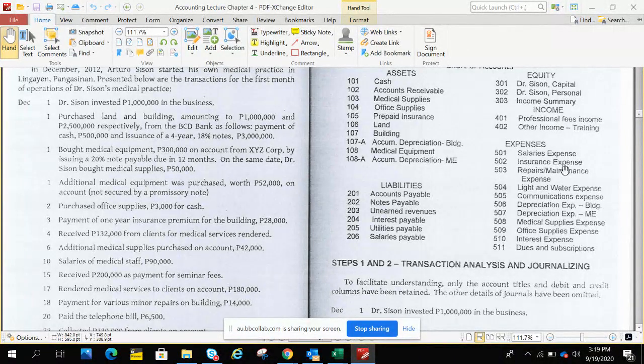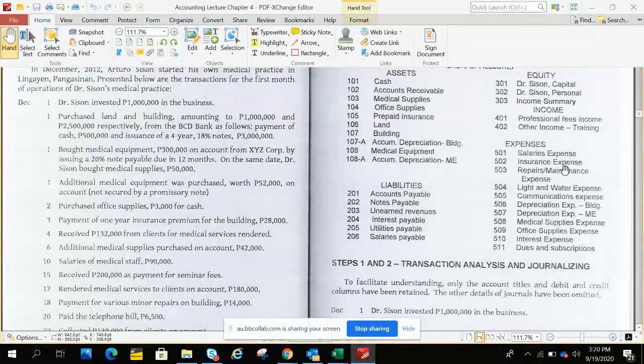Pero, next chapter, marirealize nyo na kapag nagbayad tayo in advance for 1 year, hindi lahat yun expense. A portion only is the expense for 1 month, but the remaining 11 months payment for the insurance would be considered as prepaid insurance. So, ano kaya ang pwedeng gawin natin dito?